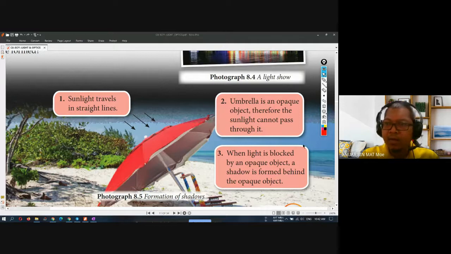Number one is what we call an opaque object, O-P-A-Q-U-E. What is an opaque object? An opaque object is a type of surface or object that sunlight or light cannot pass through. This is what we call an opaque object.